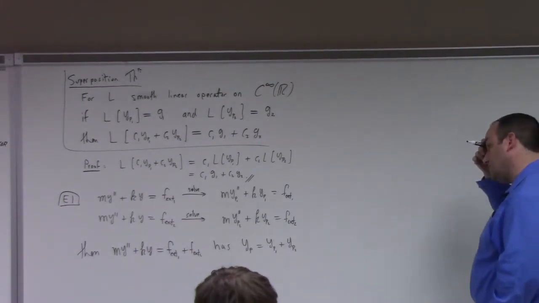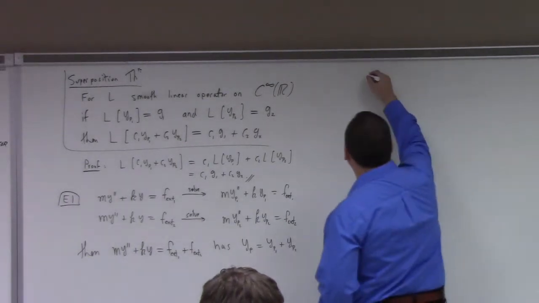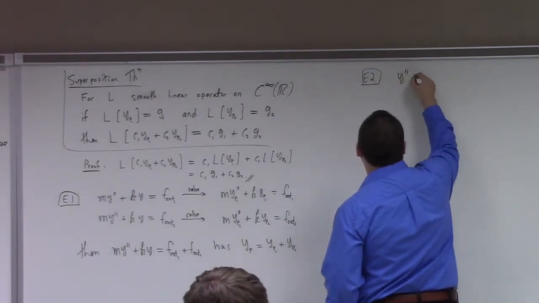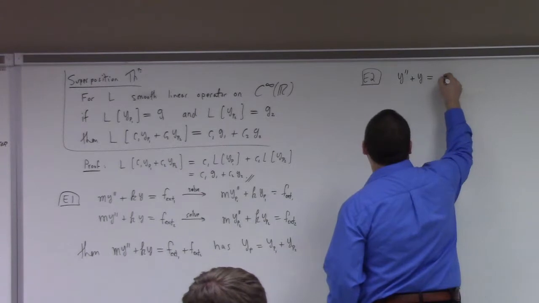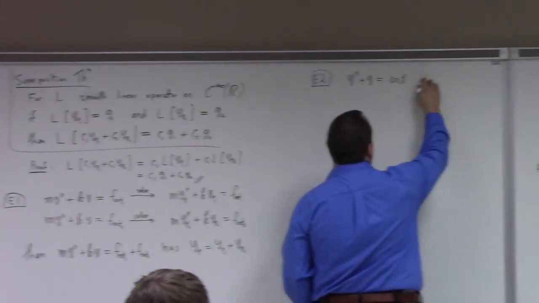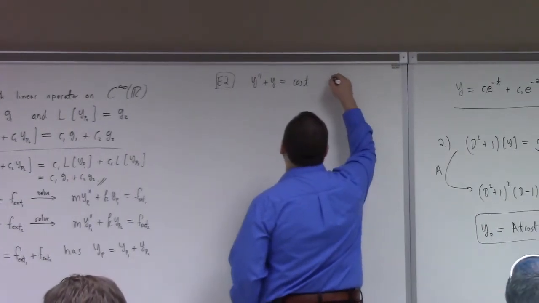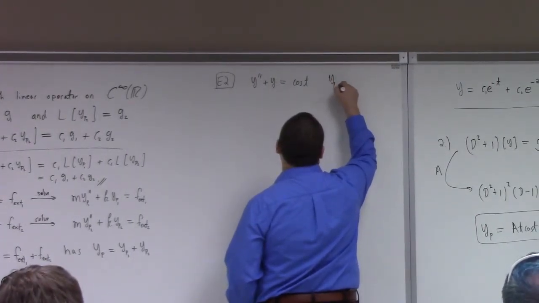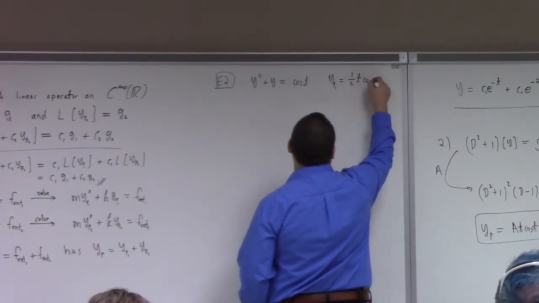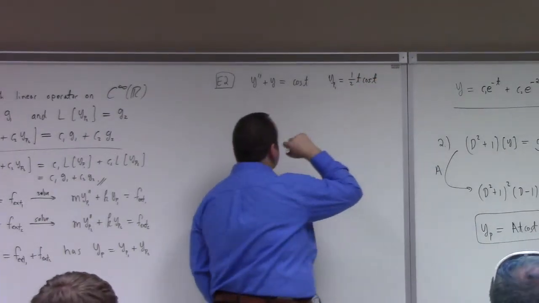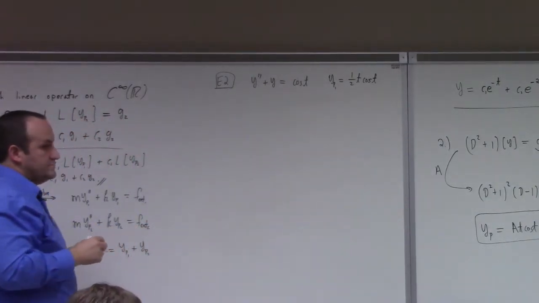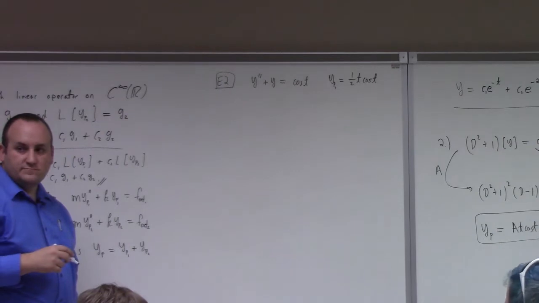So, here, let me be less vague. Example 2. Let's see, you guys solved for me last time. y'' equals cosine t has what solution? What is it? Is it 1/2 t cosine t, is that right?